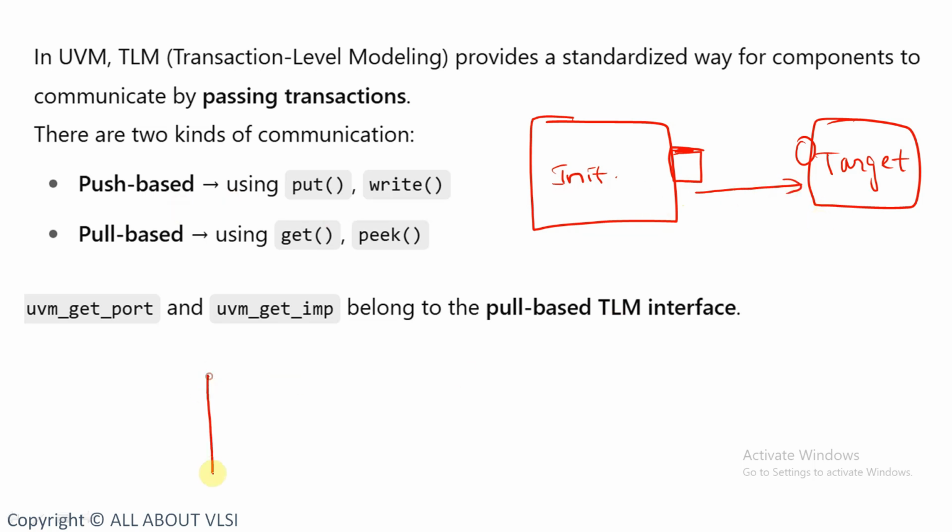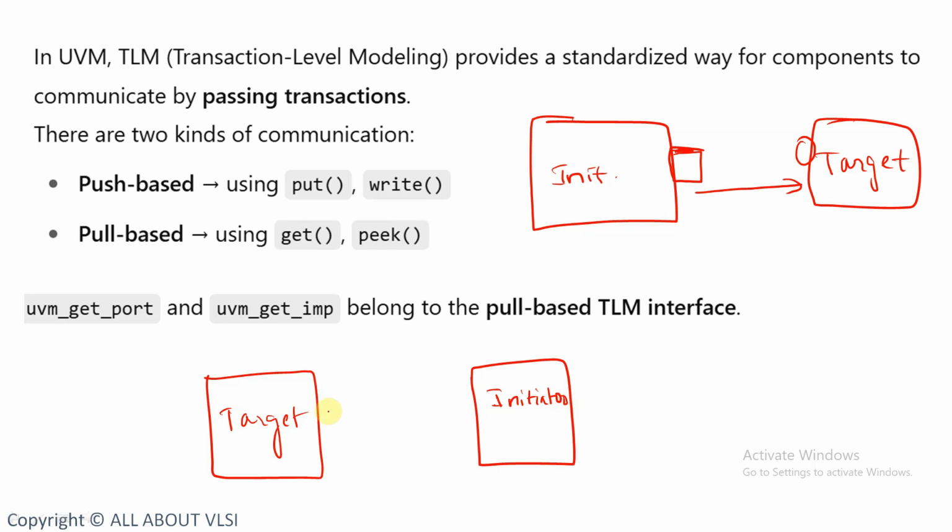In the second case, let's say this is our target and this is our initiator. The target has an implementation port and the initiator has a port, but here the initiator is pulling the data. In this case we use the get port, and in the previous case we use the put port.